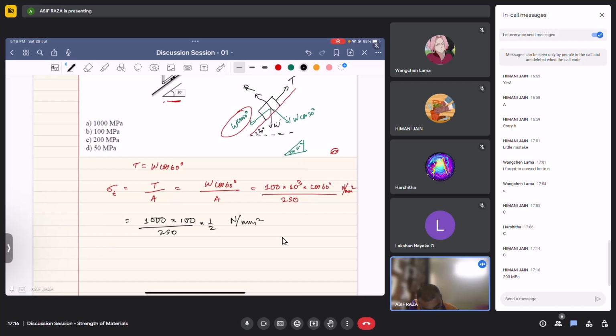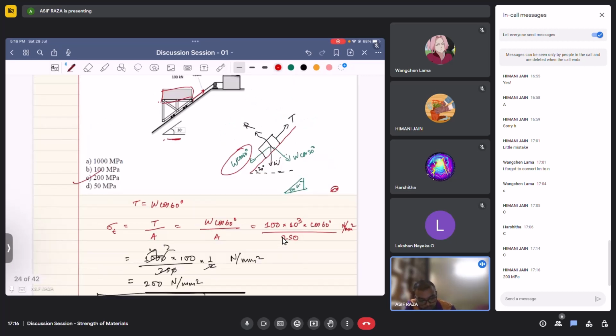By hand I can do this, this and this. So this will be 200 Newton per mm square. That would be 200 megapascal. Yeah, Himani has already answered, so the answer is 200 megapascal.